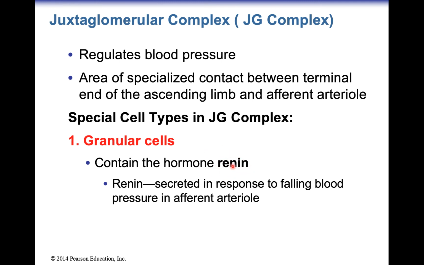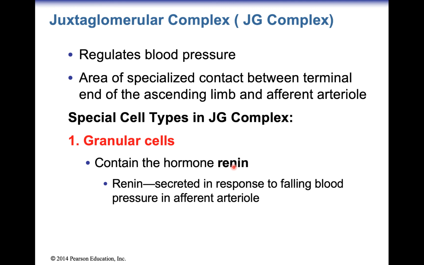It only secretes renin when your blood pressure drops. So when your body senses that your blood pressure has dropped, your JG cells are going to make renin, and renin is going to help your kidneys filter more efficiently in response to lower blood pressure.